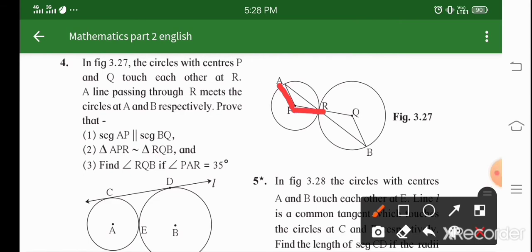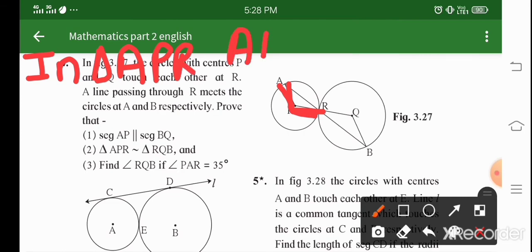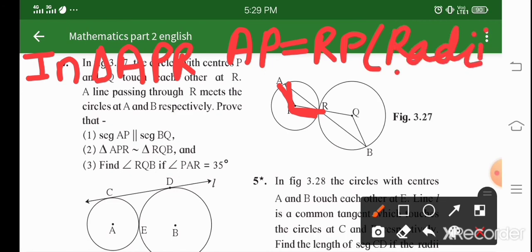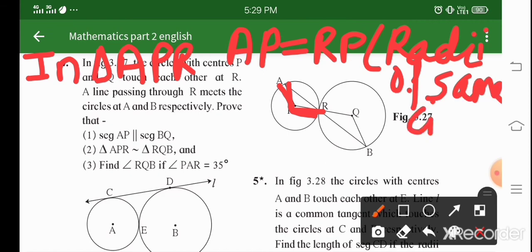So you can say that these are radii of the same circle, and you are getting them in the same triangle also. So in triangle APR, AP is equal to RP, and the reason is radii of same circle.